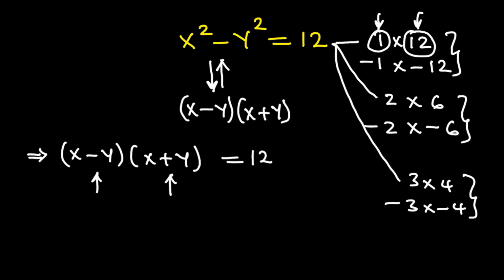If you look at the sign in the middle of this expression here, it is negative, while here it is positive. It simply means that the first expression is less than the second expression. That is, x minus y is less than x plus y.